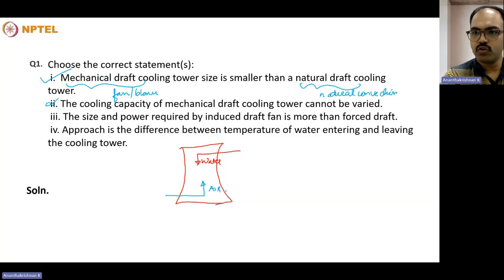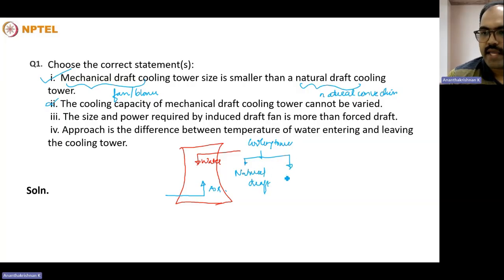Before that, we should know what we mean by induced and forced draft. These two are subsections. Cooling towers are divided into natural draft or mechanical draft. In the mechanical draft, there are two subsections, that is forced and induced.